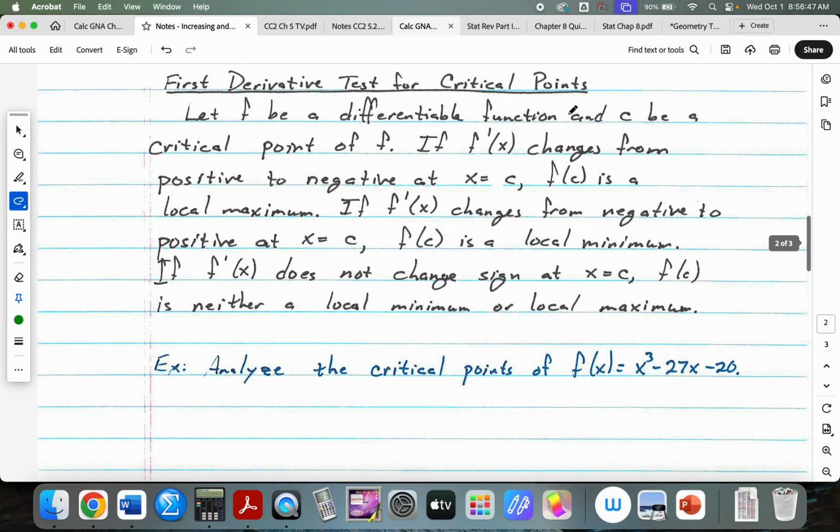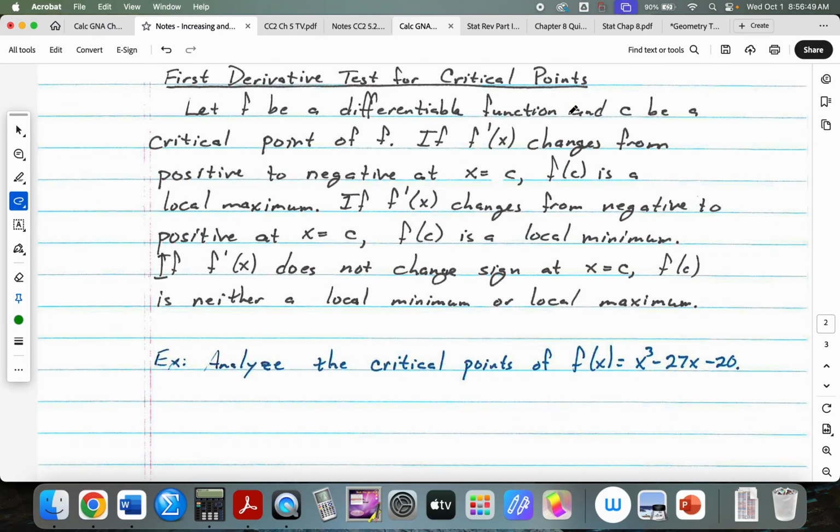The first derivative test for critical points says let f be a differentiable function and c be a critical point of f. Remember a critical point? F prime has to be equal to 0 or f prime has to not exist at that point. If f prime of x changes from positive to negative at x equals c, then f of c is a local maximum.